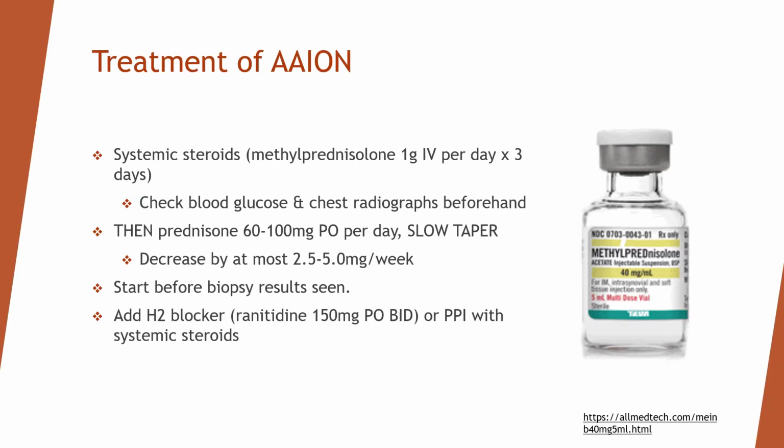The treatment for AAION is administering systemic steroids, specifically methylprednisolone 1 gram IV per day times 3 days. But before we administer steroids, we will check the blood glucose as well as chest radiographs.